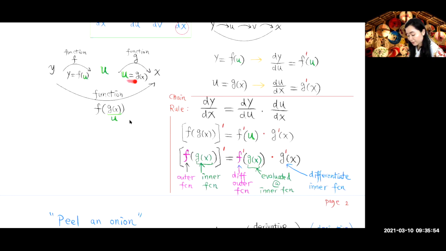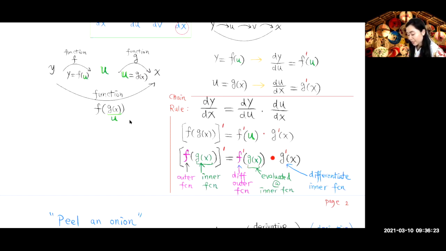So when we replace this u by g of x, the chain rule we got can be written in this form right here. This says that if you differentiate the composition of f with g, then you differentiate the outer function f, and then evaluate at the inner function, g of x.